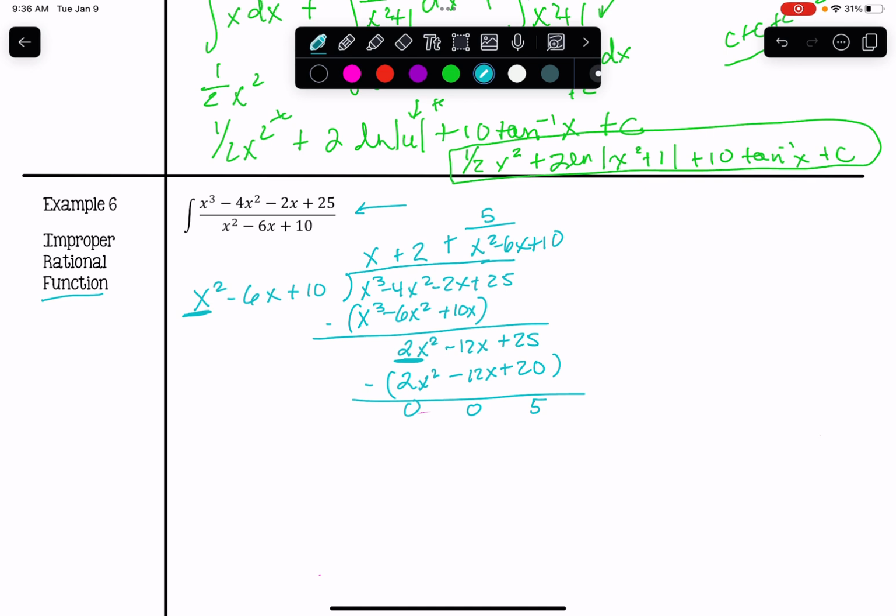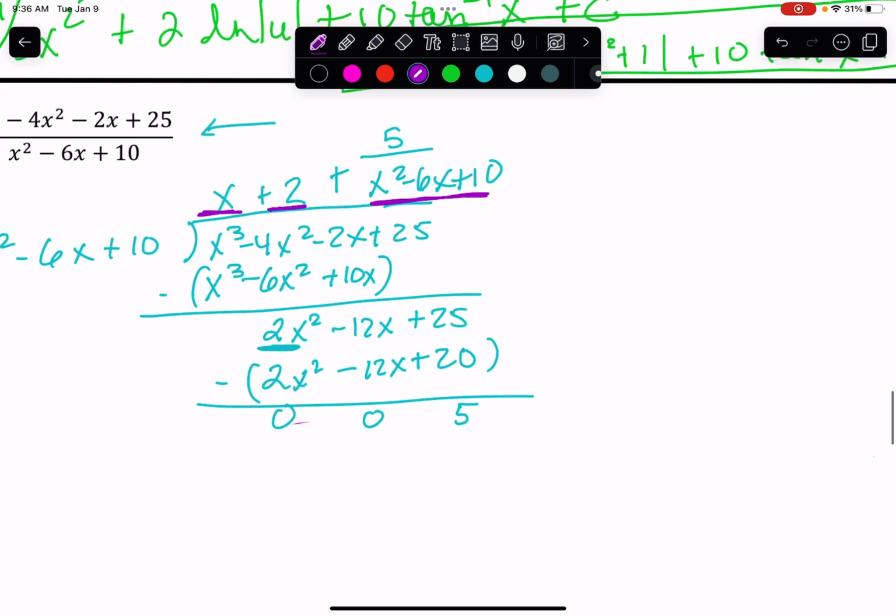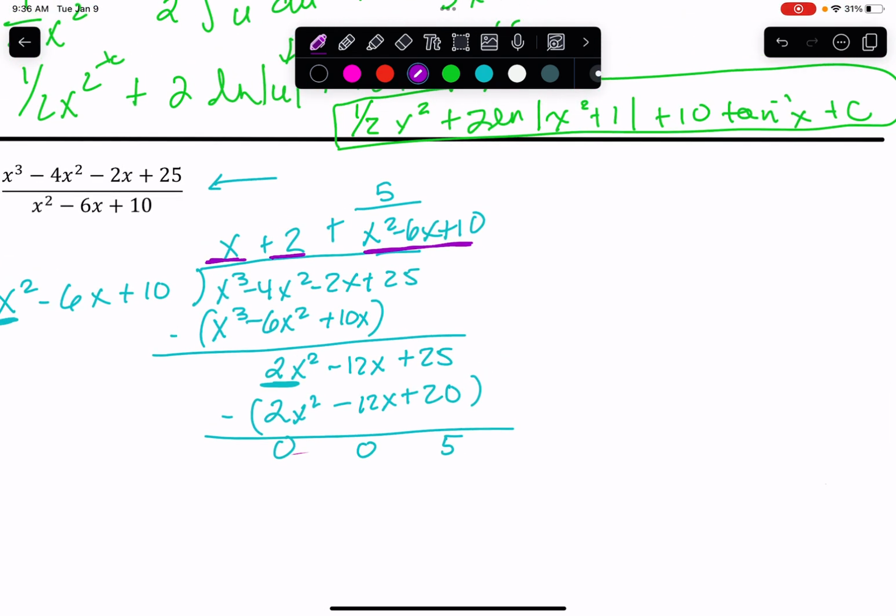Now what you can tell before we even start is that this will be fine to integrate, this will be fine to integrate, and this is going to be one where I have to complete the square. All right, so let's go over and do the first part and get the whole integral written out with 3 pieces.